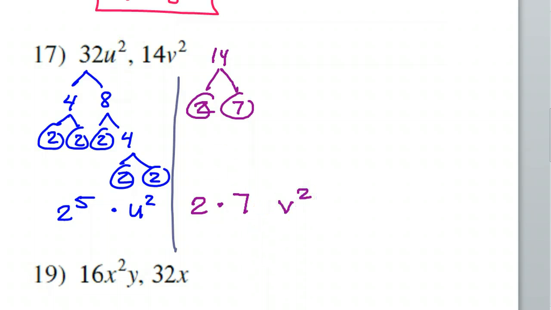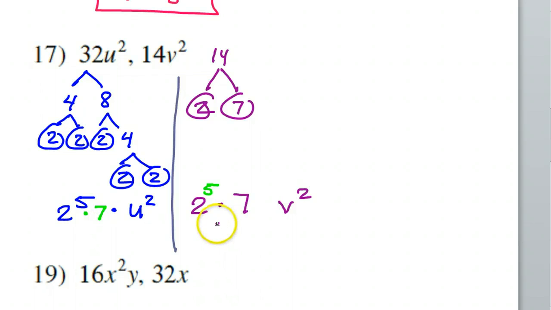Now I need to make these both the same through multiplication. Start with the 2's. This is 2 to the 5th power, but this is only 2. So to make them the same, I will need to make this 2 to the 5th power as well. This has a 7. This doesn't have any 7's, so I'll have to give it a 7.